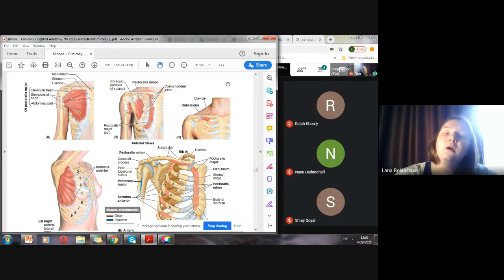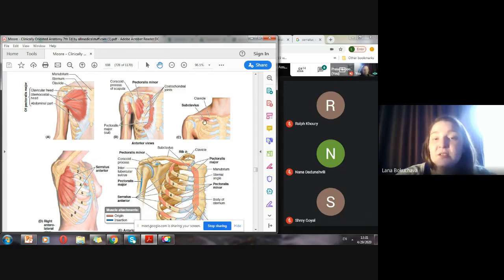So the same happens for the subclavius, although in this case the movement is not connected to the scapula. But why? From the name itself, subclavius. And you remember when we were talking about the clavicle, we said that on the inferior surface we have the attachment for the muscle which we call the subclavius.